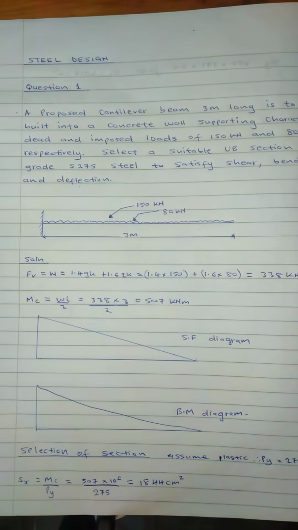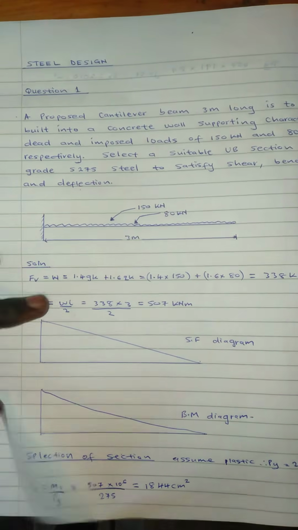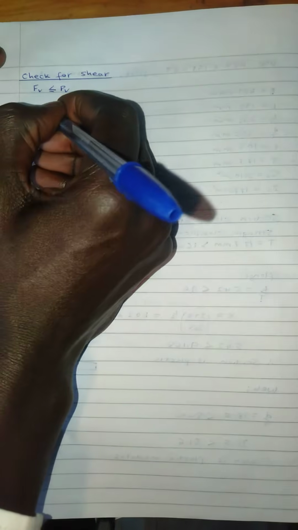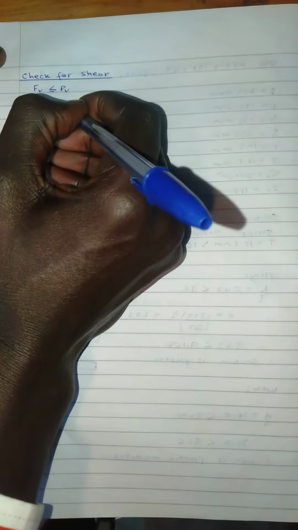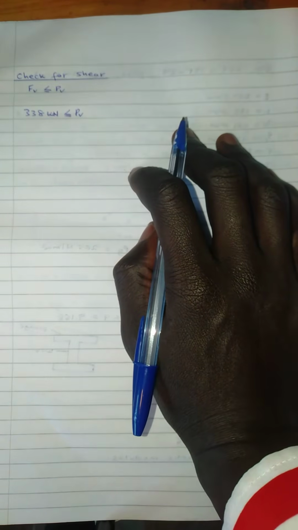We have the shear force, it was here, 338 kilonewtons. So 338 kilonewtons should be less than or equal to PV, the shear capacity. We don't have the shear capacity, so we'll calculate it.